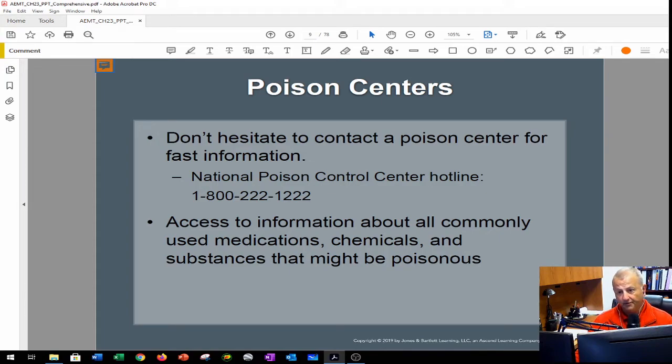A lot of times they'll take your information, tell you what treatment to provide, and then they'll call the receiving hospital and let them know that you're coming in and what treatment the hospital needs to take. So it's pretty cool. But that's when you would use them, if time allows and you have a stable patient. It doesn't supersede your protocols, and it doesn't supersede you calling medical control.